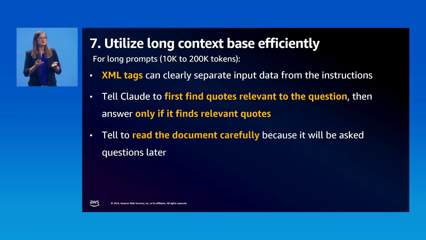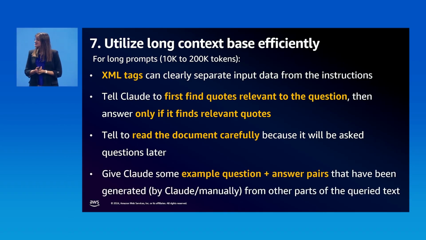As it also works with us as humans, we can prompt Claude to read the document carefully because it will be asked questions later. And the last but not the least tip here is again to reconsider few-shot prompting and to use question and answer pairs in the form of examples.